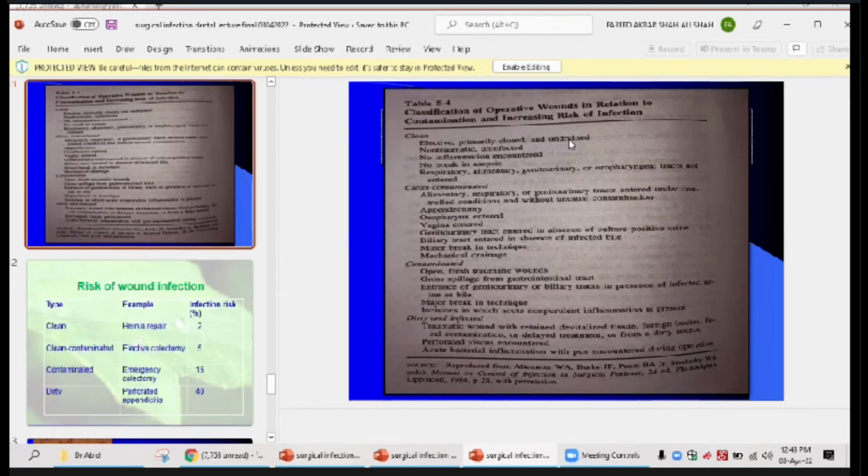Otherwise, if you see the report after 3 days that there is no growth, the culture is negative, then you will have to discontinue the antibiotic after 3 days. No more antibiotics if the culture is negative. But if the culture is positive, then you will have to continue for 5 days.